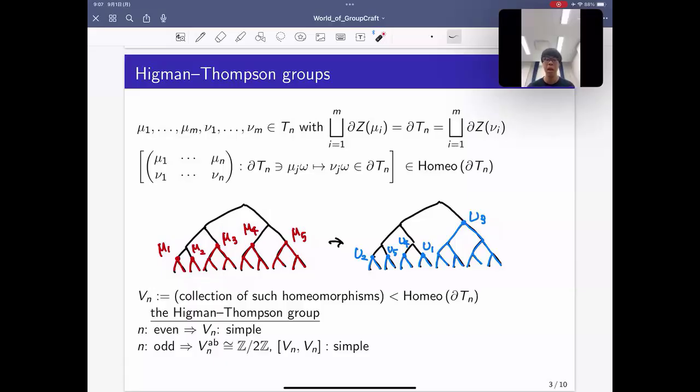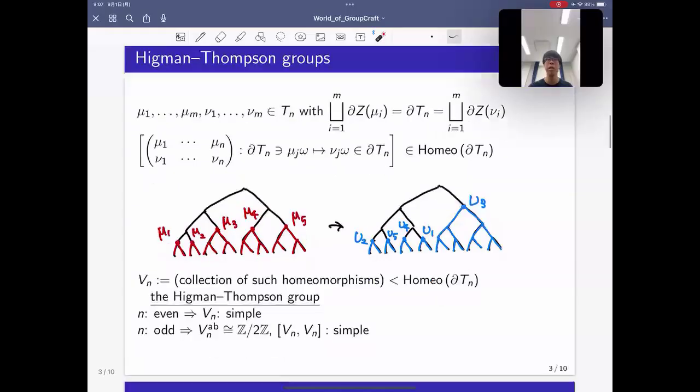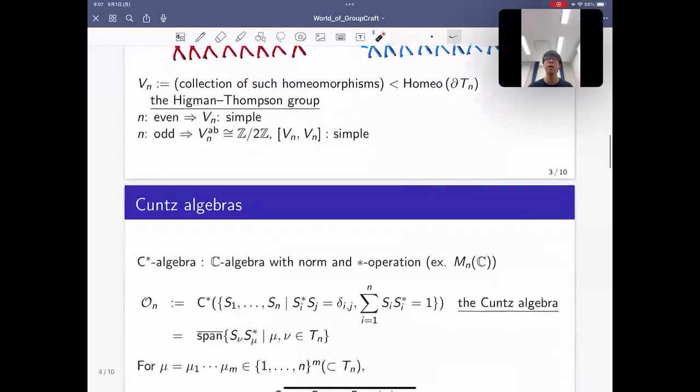Okay. And it is known that this group has a deep relationship with the Cuntz algebras, one of the most important operator algebras. So let us introduce the Cuntz algebra.